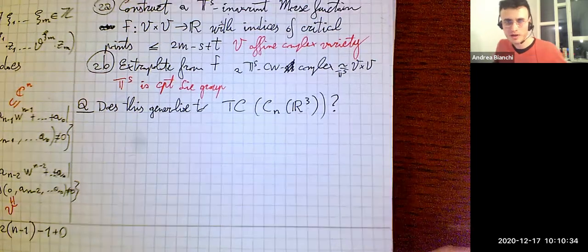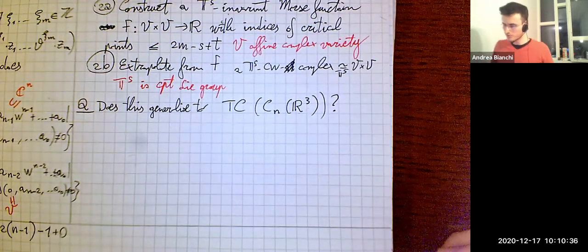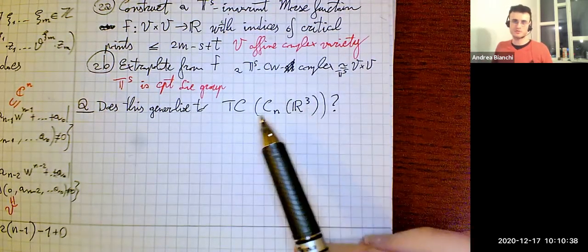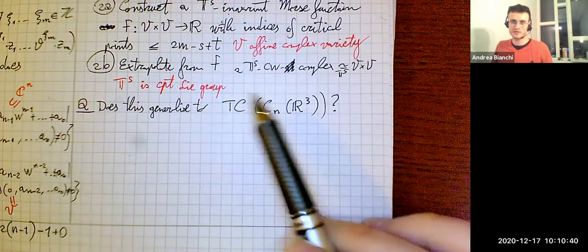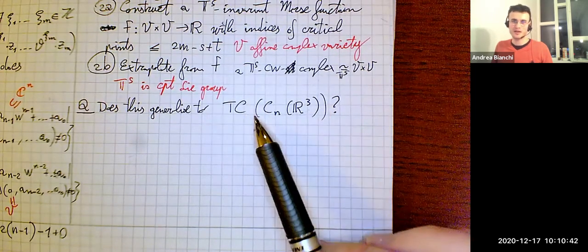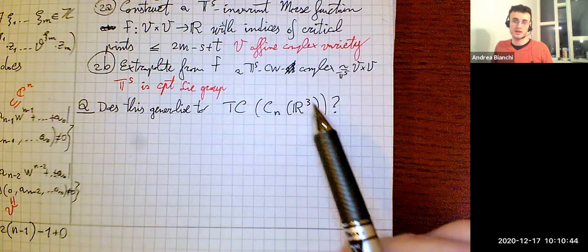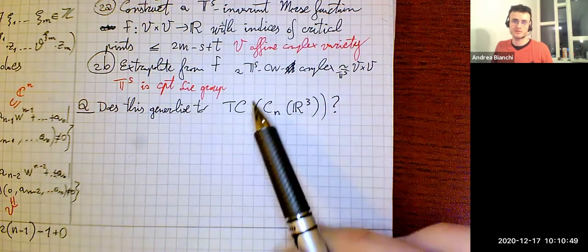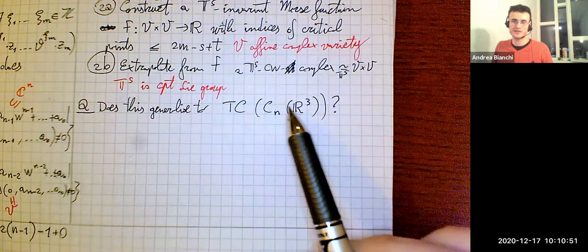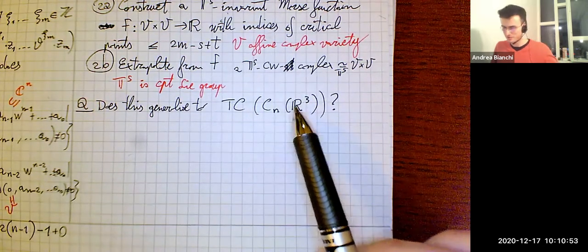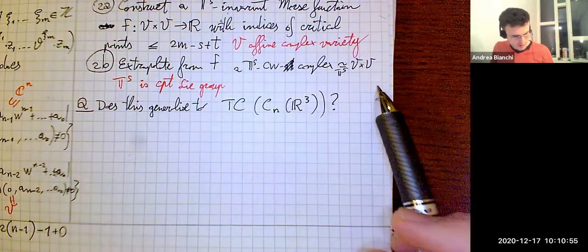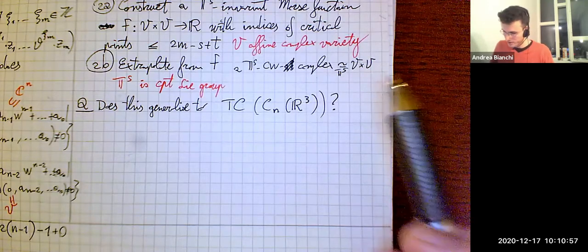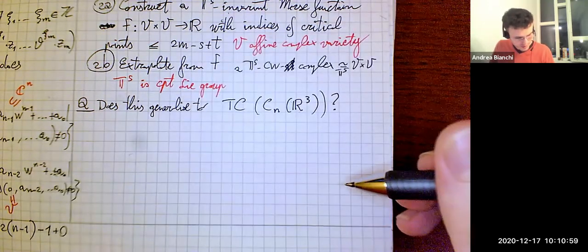And one could try to estimate this TC with the SO3 equivariant topological complexity of the space. Like in R3, there is an action of SO3, and one could try to play the same game. Well, here the answer is unfortunately no.